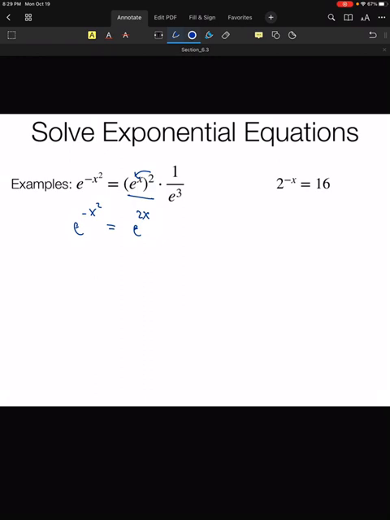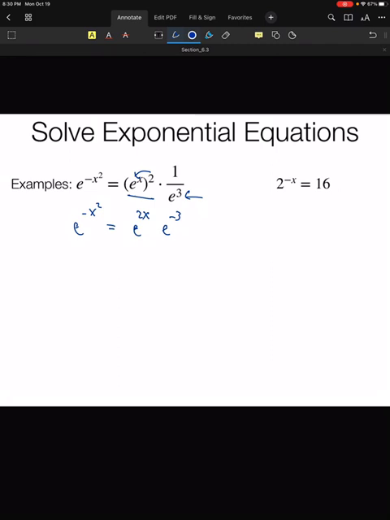And then on the right side, I've got 1 over e cubed. And if you remember way back to the beginning of this section, I talked about a number of laws of exponents. And it turns out that 1 over e cubed can be written as e to the negative third power. So if I have a number raised to some positive power in the bottom of a fraction, I can change the sign on the exponent, and that moves the whole expression into the numerator.